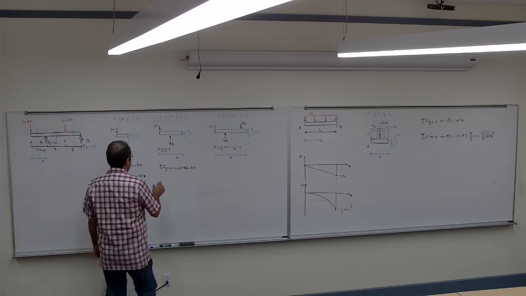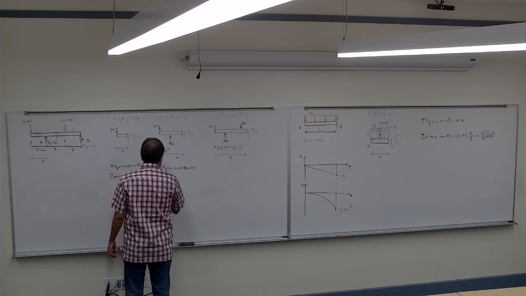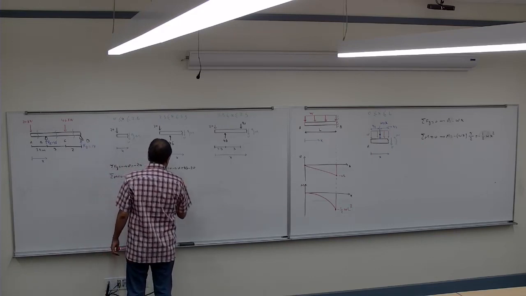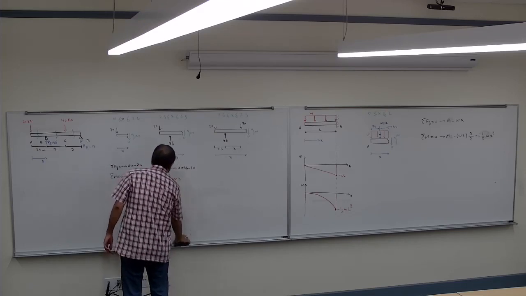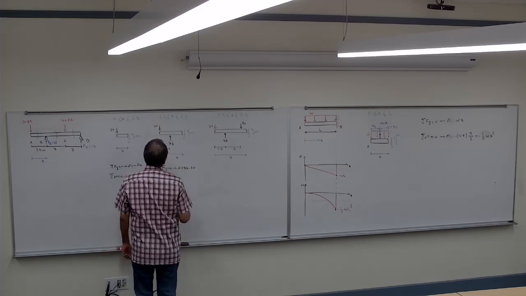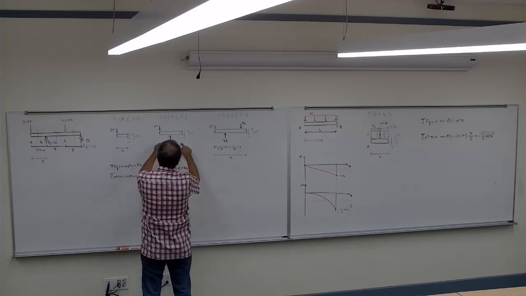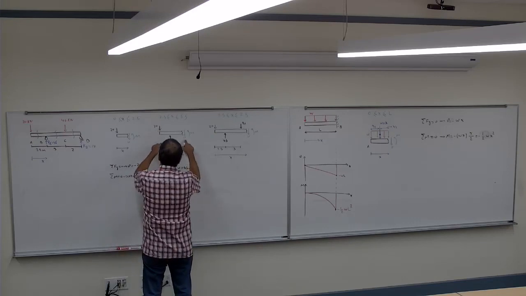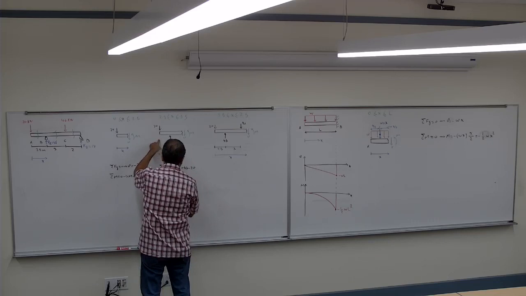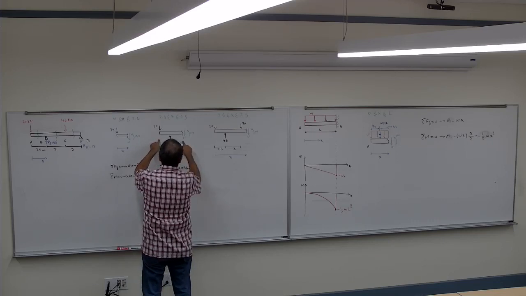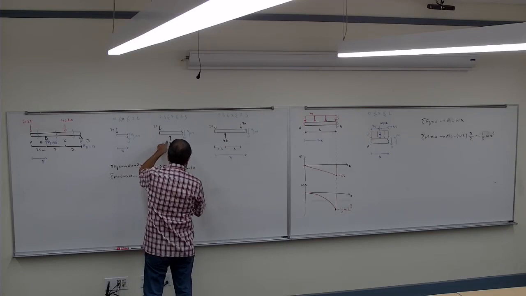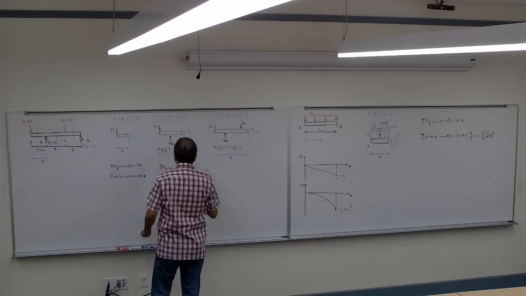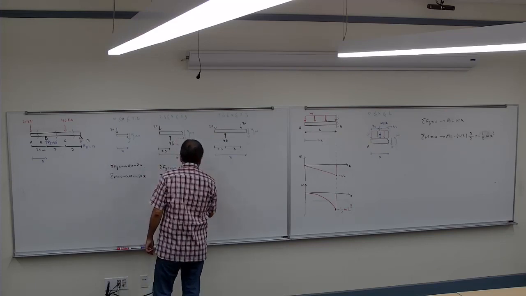And then sigma Fy is 0, sigma M is 0, then M would be, if you have it here, minus 20 times x plus 46 times x minus 2.5.